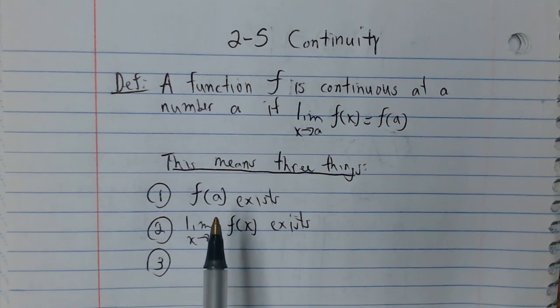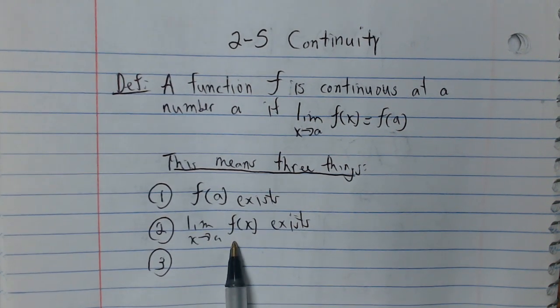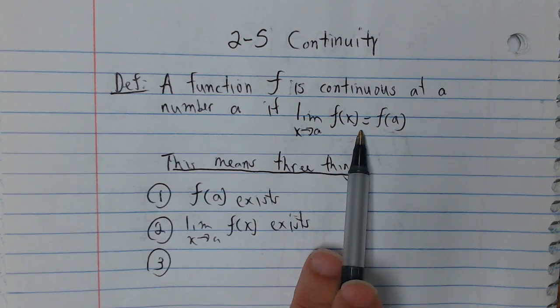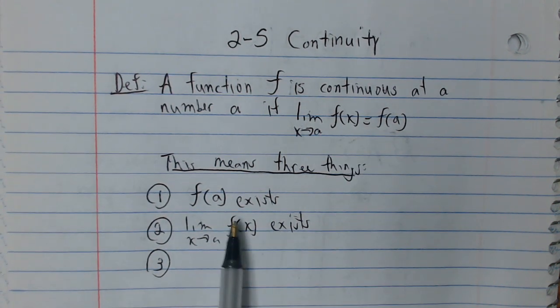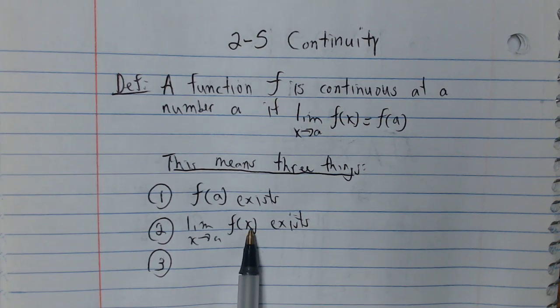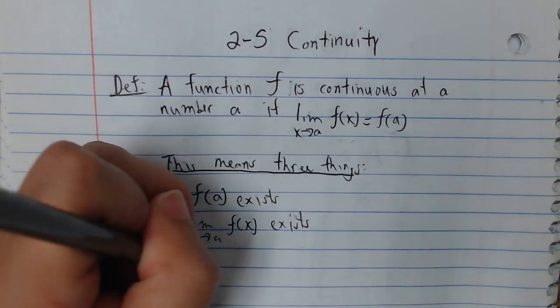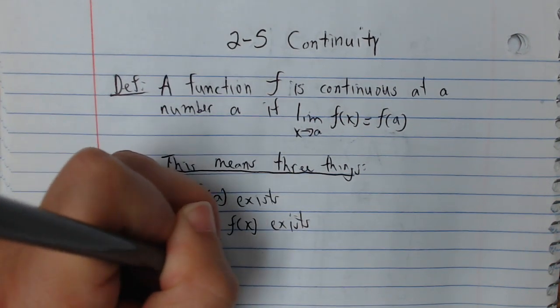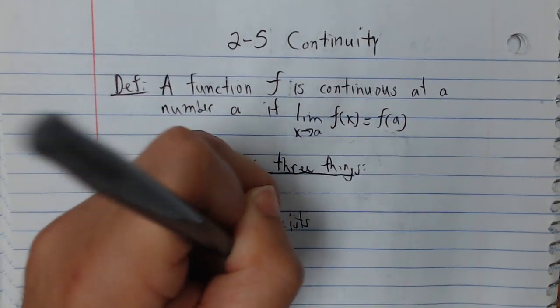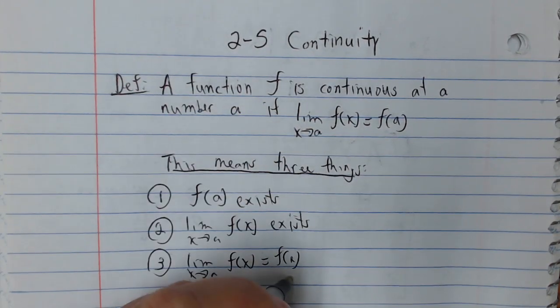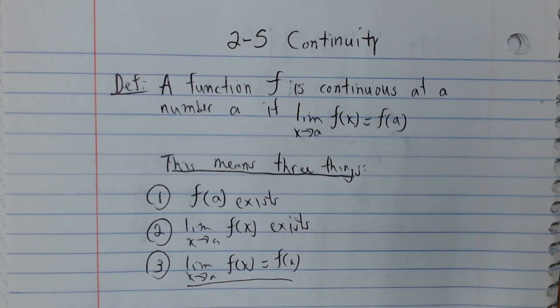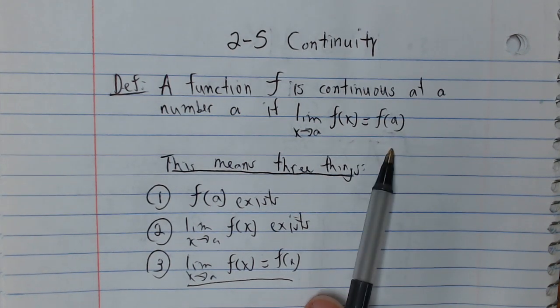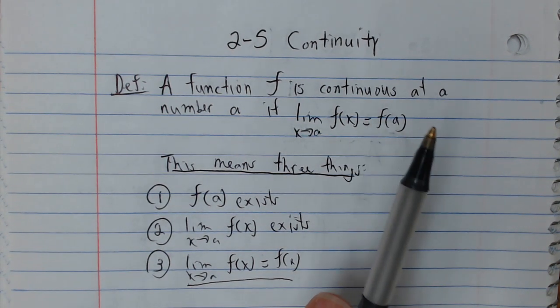The final step is that step 1 and step 2 must be equal, which is basically where this comes in. So not only does this need to exist and the two-sided limit need to exist, they also need to equal each other. Okay, and that's where this comes in. So when you look at this, it doesn't look like much, but in fact, it's saying three things.